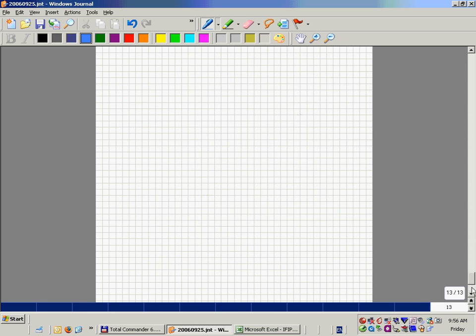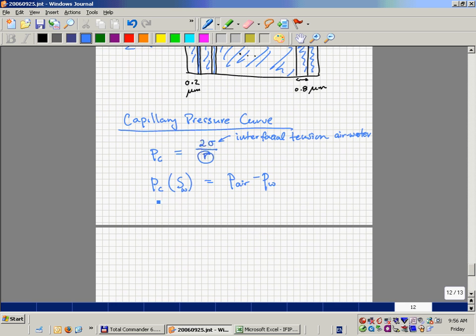So this is actually measured in the laboratory. There are different ways to measure it. But the point is that we have a relationship between capillary pressure between two phases, and we can convert the air-water curve to an oil-water curve by simply taking the interfacial tension difference.